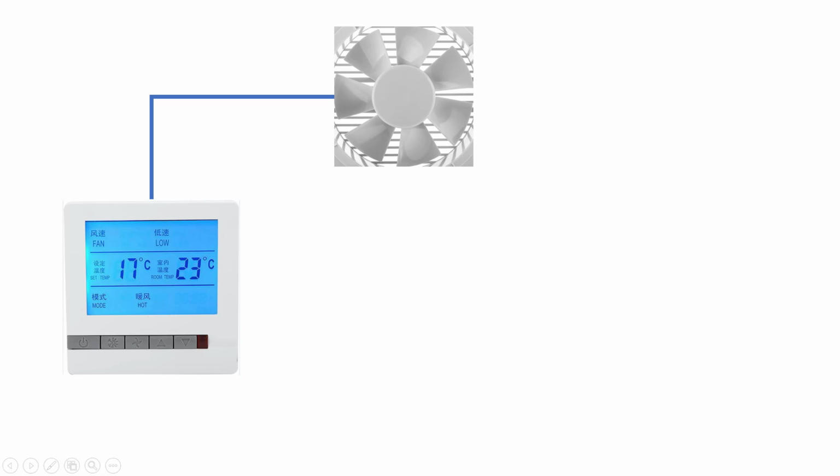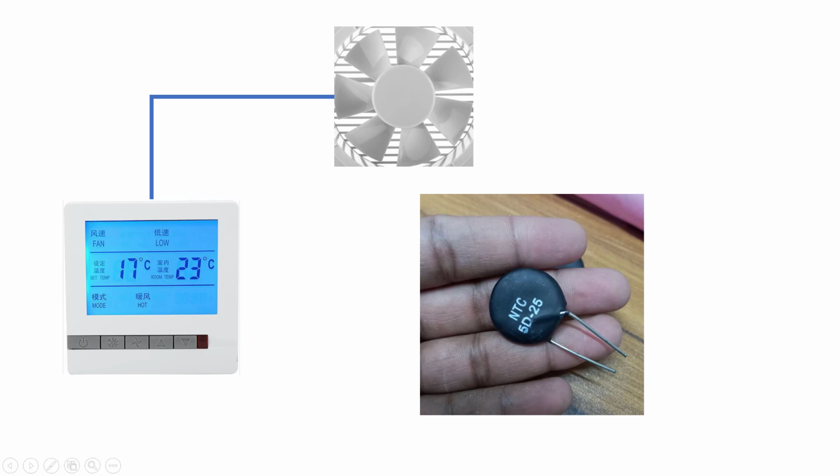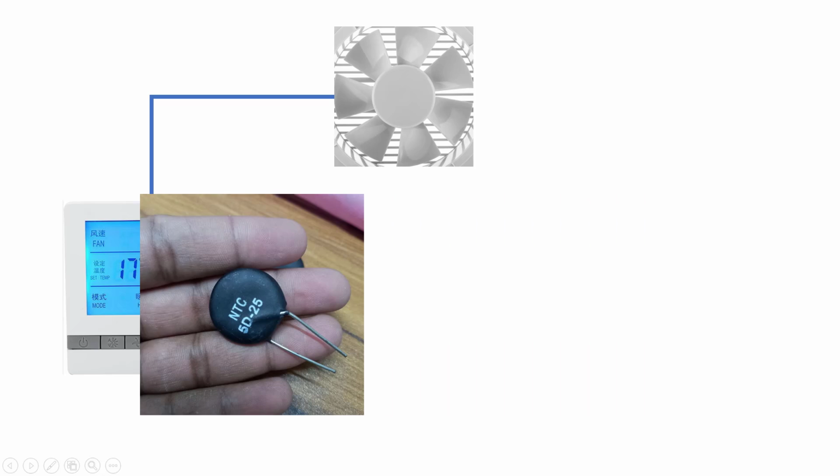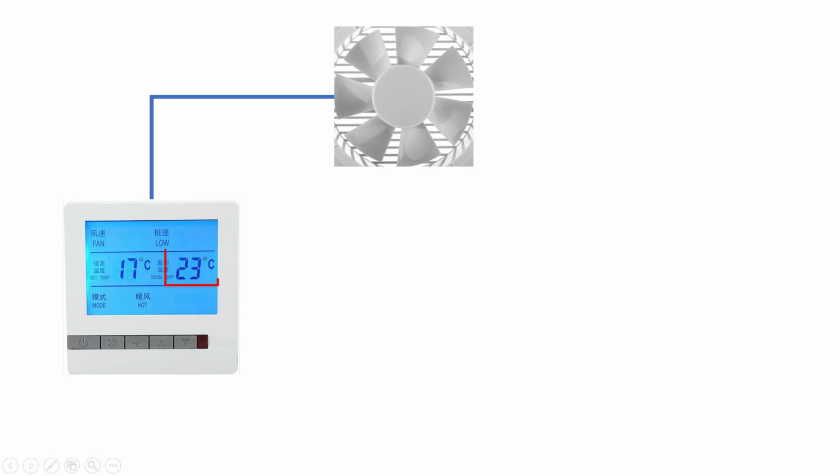The thermostat has a sensor that measures the storeroom temperature, which is known as the PV, and compares it to an adjustable set point, also known as the SP. If the storeroom temperature is above the set point, the fan turns on, and if it falls below the set point, the fan turns off. This type of control is called on-off control or bang-bang control.